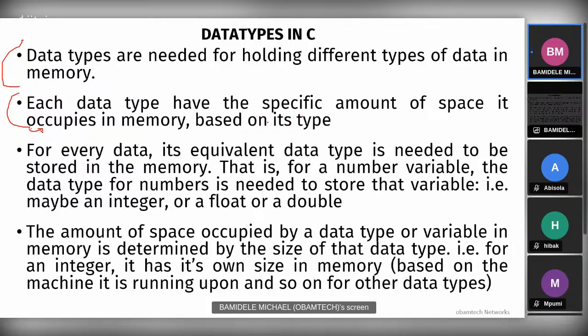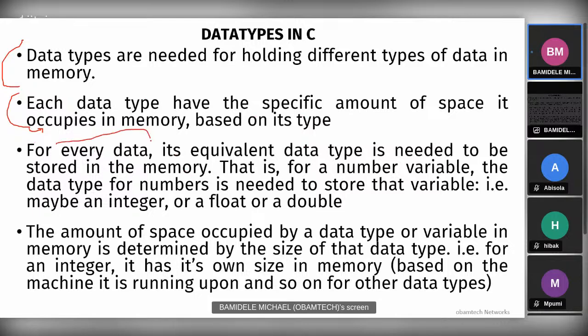They occupy space in memory. If it is an int, it has a space that it stores, and even if it is an int, the variation of that int matters to know the amount of space it is going to store in memory. Another thing here is that for each data, its equivalent data type is needed to be stored in memory.